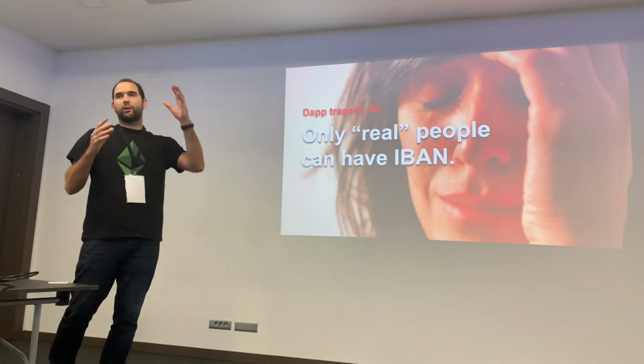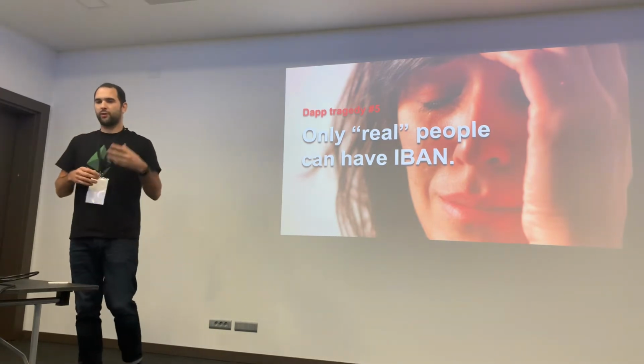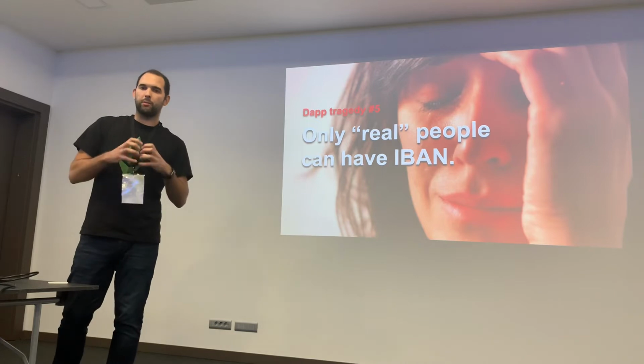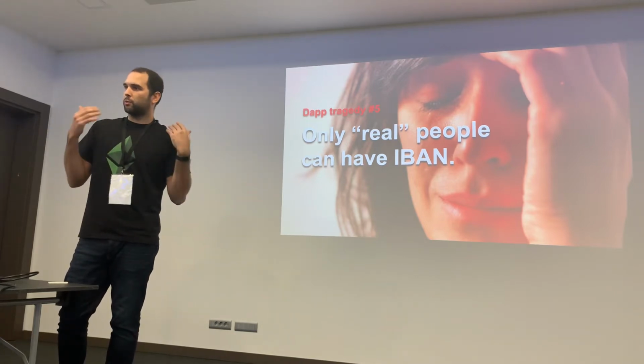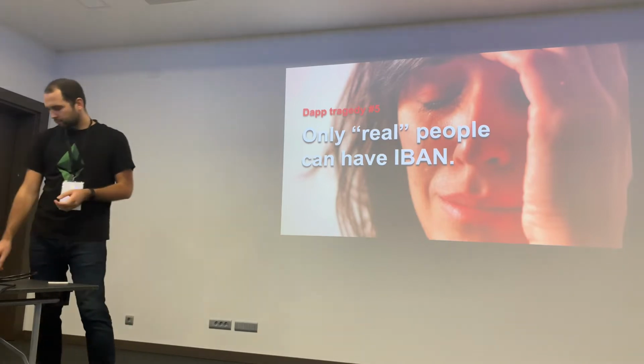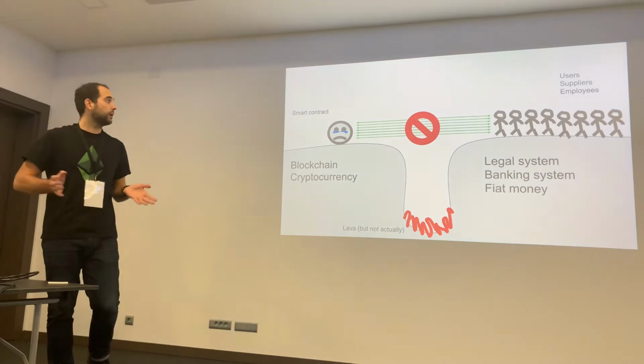So this was the rabbit hole that we went through while working on this project and finding a solution of how to enable smart contracts to offer their services more easily to all users. And this is basically how it looks today.